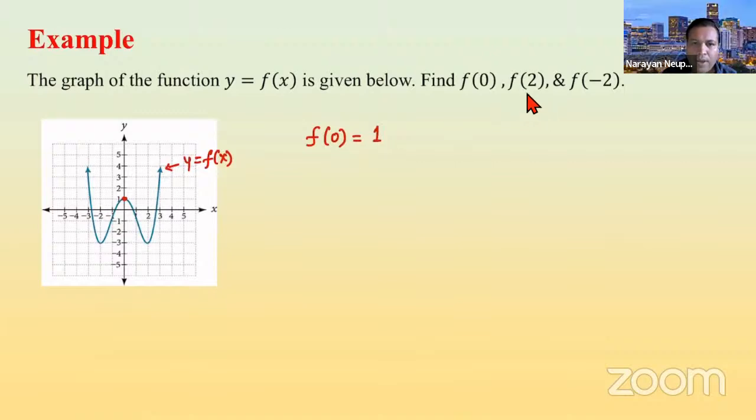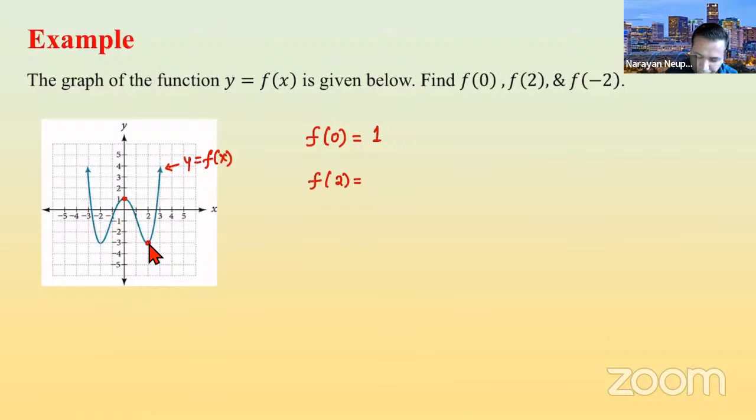Next one, we are asked to find f of 2. So when x equal to 2, what is the value of the function? If you want to see 2, look at this pointer again, my mouse on the x-axis. So here is a 2. Everybody look at the screen. When x is equal to 2, where is the y value? You can see that the graph is down here. This is the graph of the function.